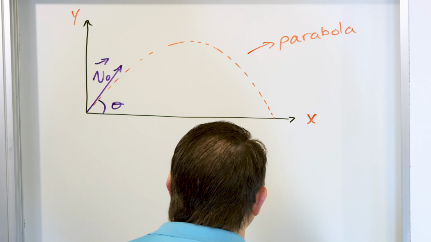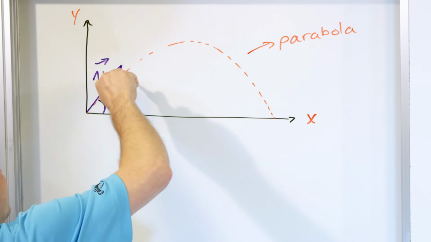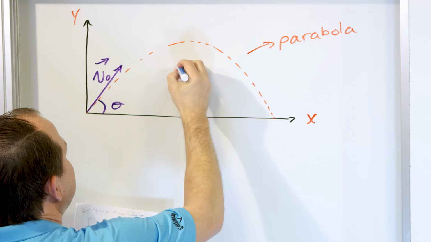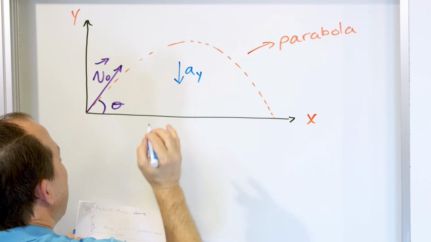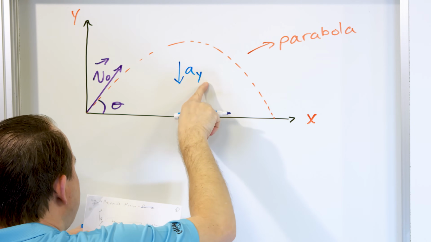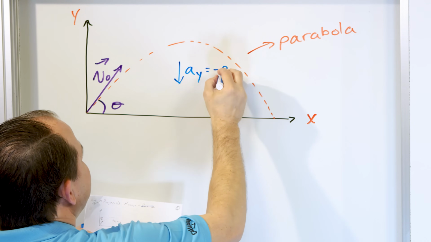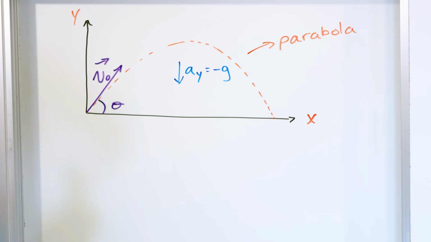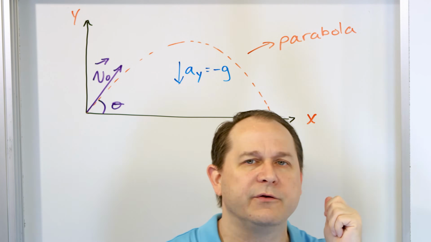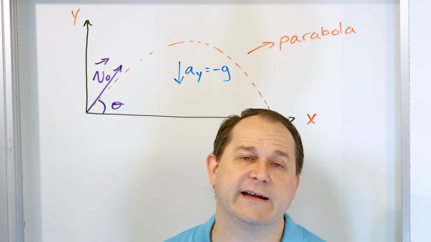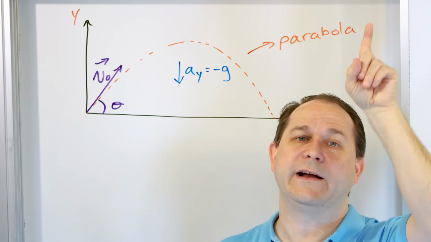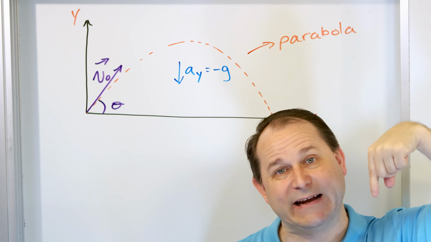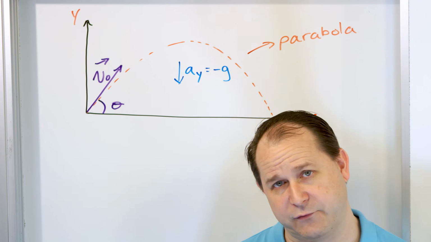Now, I want you to remember that as this object travels along this curved path, the acceleration of gravity is always acting down. We call that a sub y because it's an acceleration in the y direction, and it's equal to negative g. So we've talked about this in free fall motion before. g is 9.8 meters per second squared, and since gravity acts down, and we typically choose the positive y direction up, we say that gravity is negative because it's acting in the negative direction.